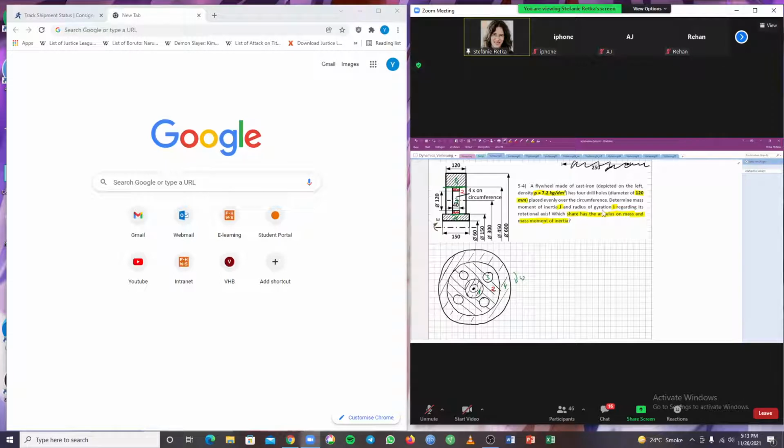One, 2, and 4 are hollow cylinders. All of them rotate about their main axis, about their center of gravity. That's a question? No? Okay. All of them rotate about their center of gravity.